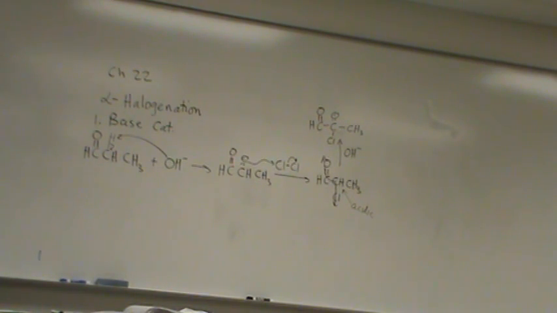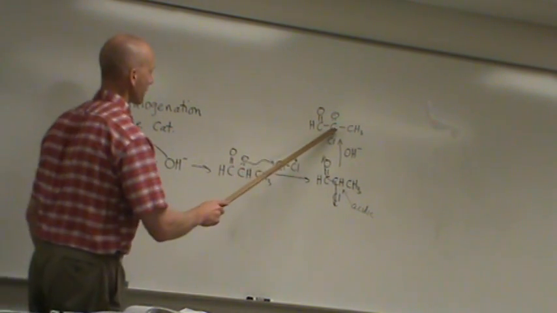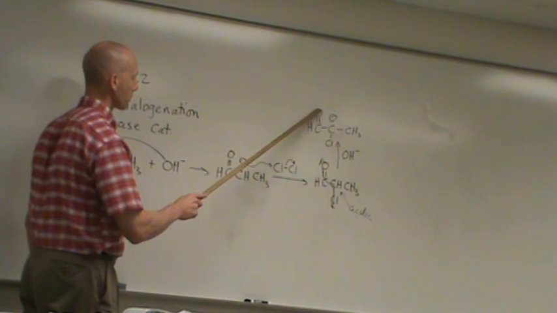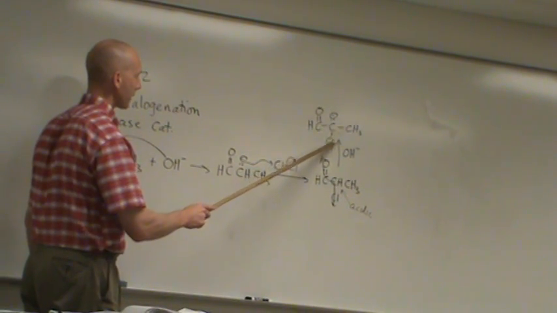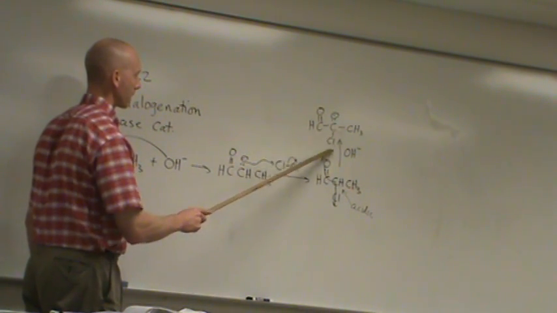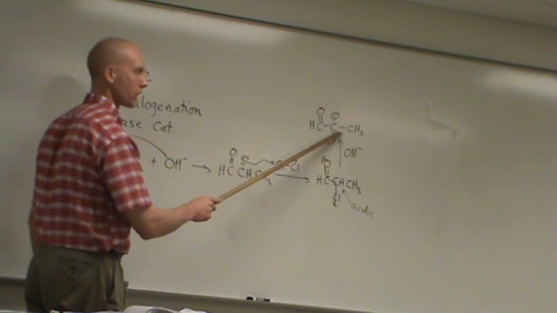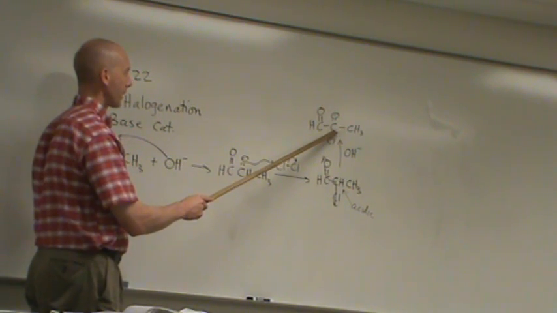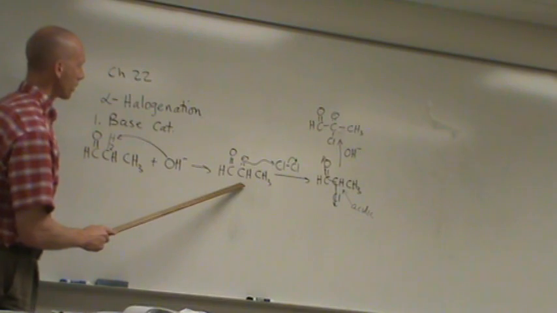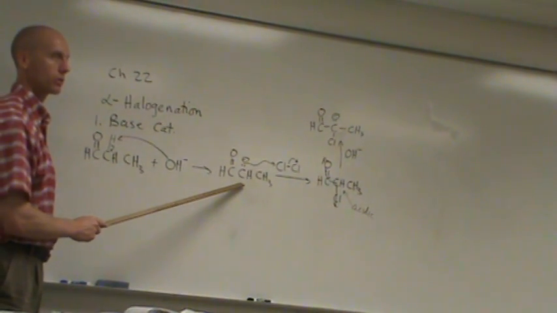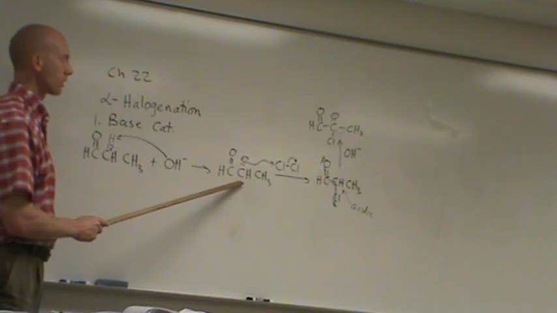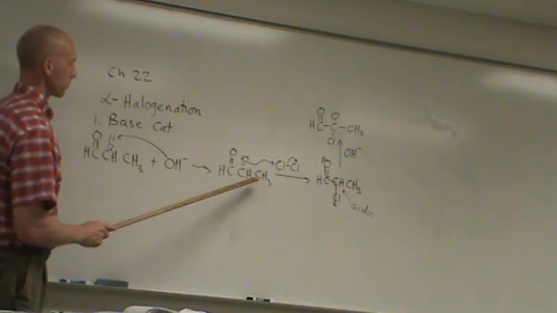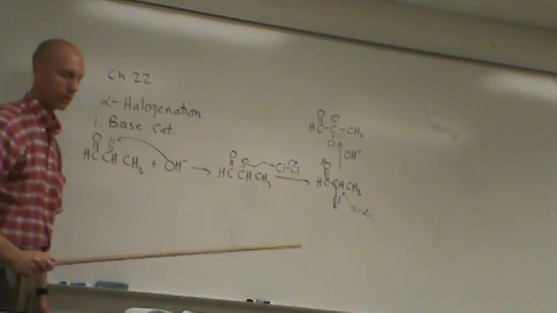That lone pair is getting stabilized through the carbonyl and my electron withdrawing chlorine. So this conjugate base here, write it down, is more stable than that conjugate base because of that chlorine.